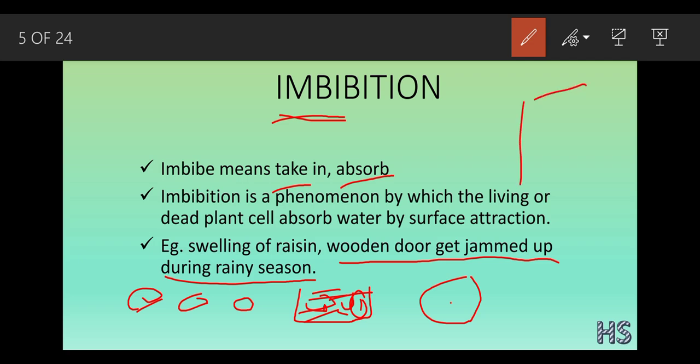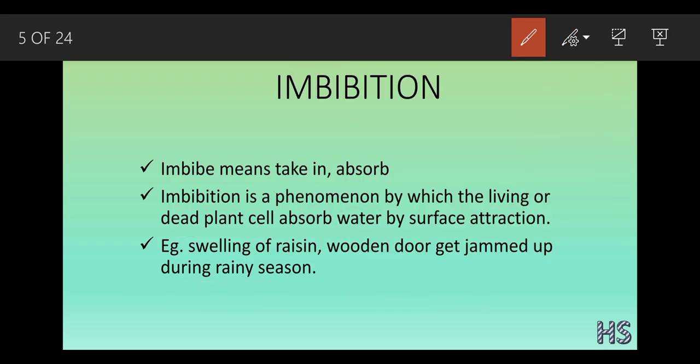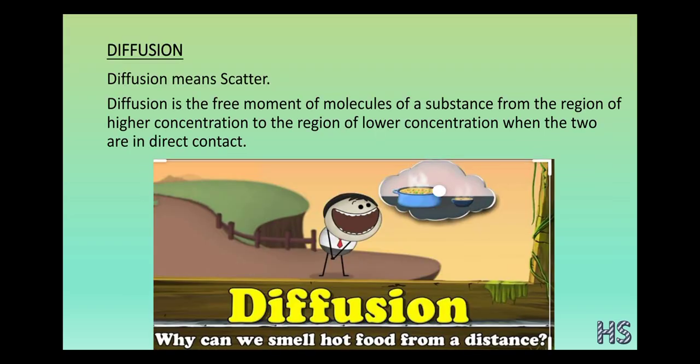Suppose this is a door; in some cases the door gets cracked like this. So this shows that imbibition occurs within dead plant cells as well as in living ones. Okay, imbibition is very easy.